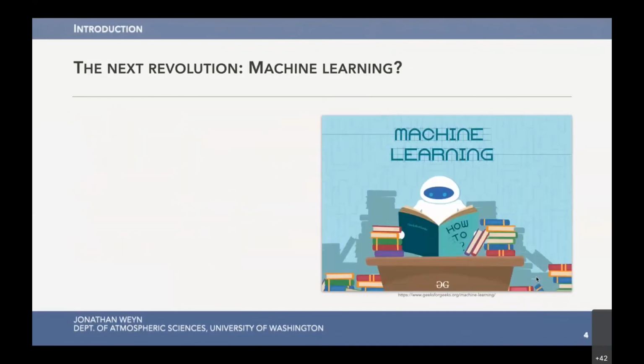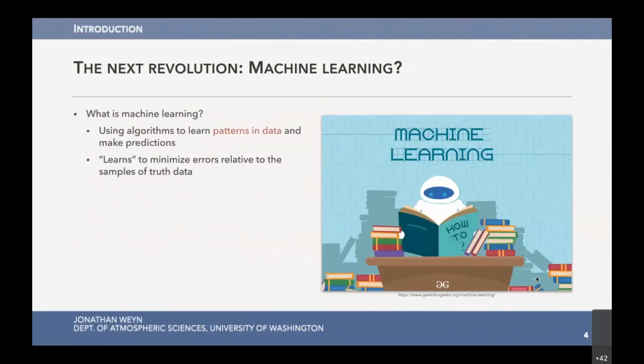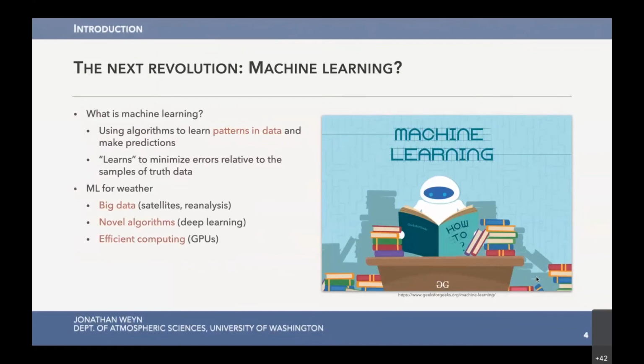So one might argue that the next big revolution in weather prediction might come from machine learning, which, broadly speaking, is using patterns in data to make predictions by learning to minimize errors relative to truth data in a training set. And machine learning is particularly suited for weather because of the increase in big data, novel algorithms such as deep learning, and efficient computing on graphics processing units, or GPUs.